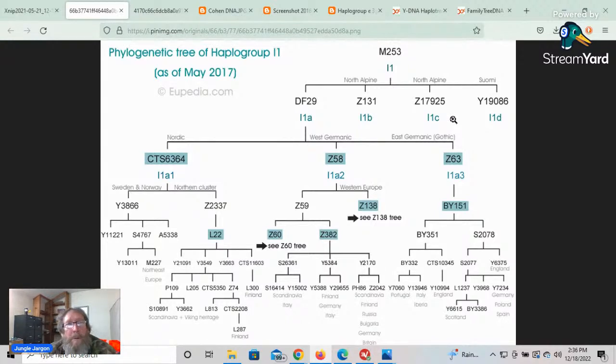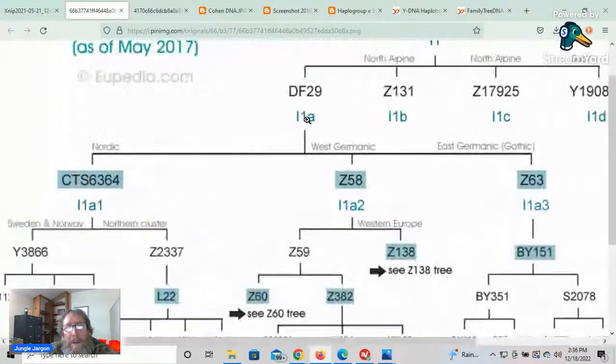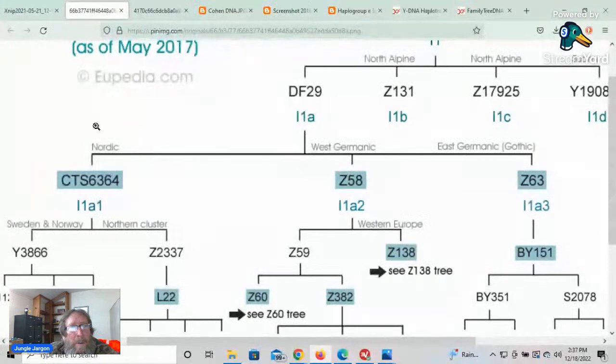Maybe I can show you a little bit, but it appears that, for example, the DF29 turns out to be the Nordic people, the West Germanic and East Germanic people.